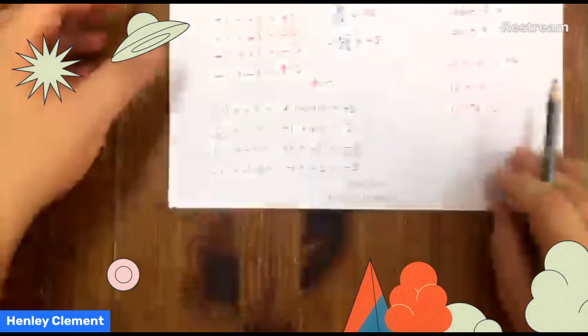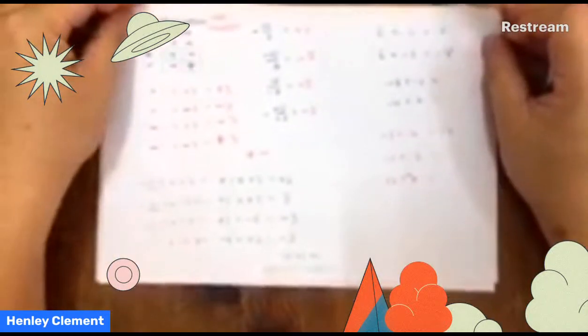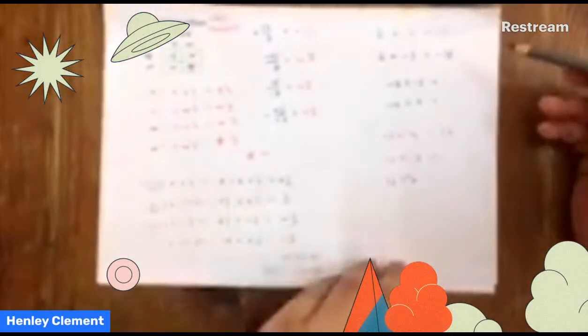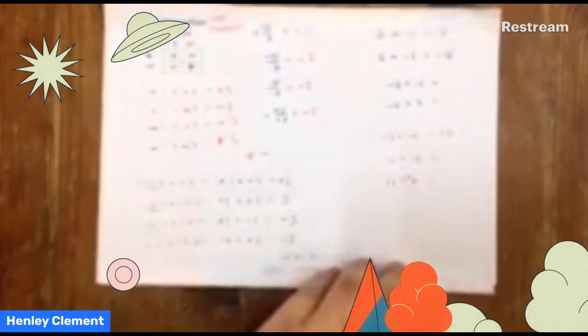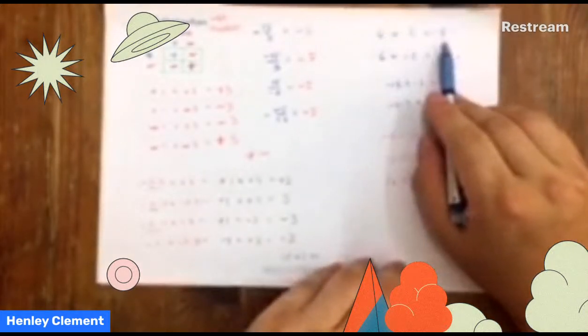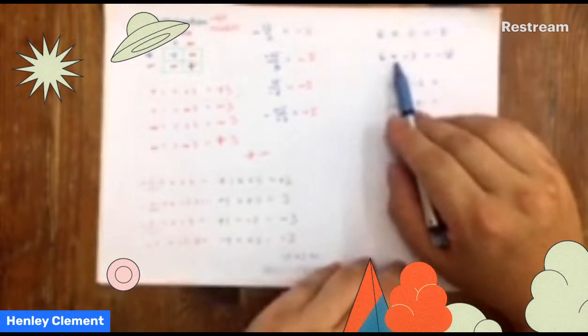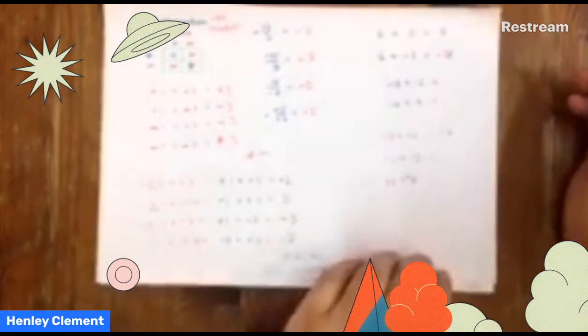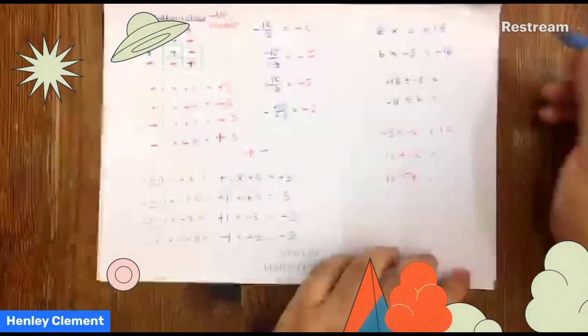Just like yesterday, we have shown you this idea, so better to grasp this idea well. 6 times 3 is 18. 6 times negative 3 is negative 18, because of 1 stroke here.